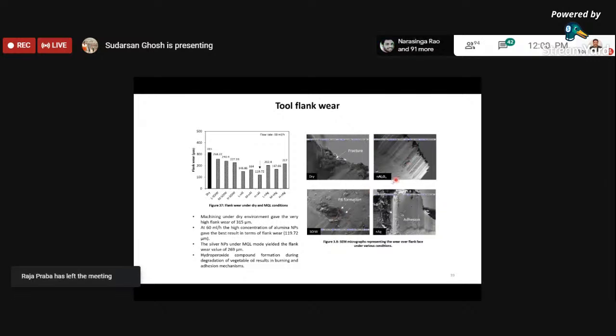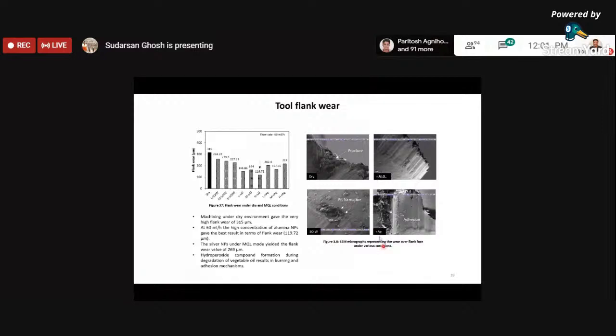In case of the nanofluid, aluminum oxide especially, you don't observe such pit formation. Of course, the regular wear patterns can be seen. This obviously will happen because once you are machining and cutting, wear will take place on the flank surface. But then there is no catastrophic phenomenon like fracturing or pit formation.